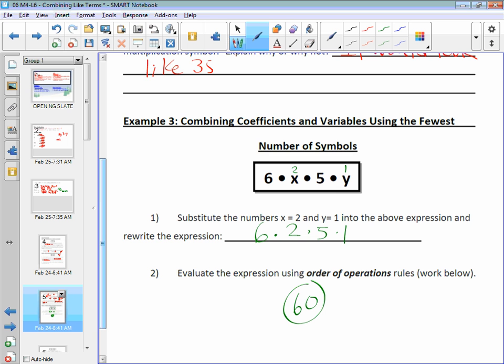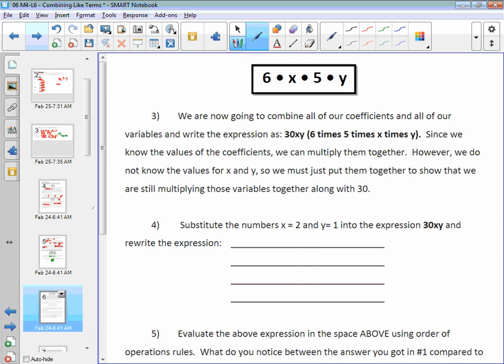When you combine terms, all of your coefficients, the numbers, you can multiply them together. And then, whatever variables are left over, combine those together. So, what were the coefficients, the numbers in the box?